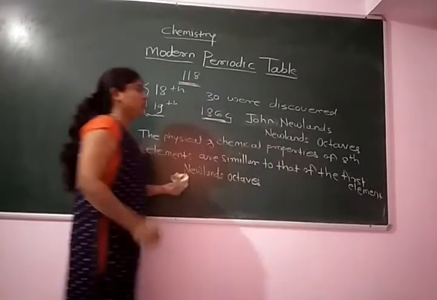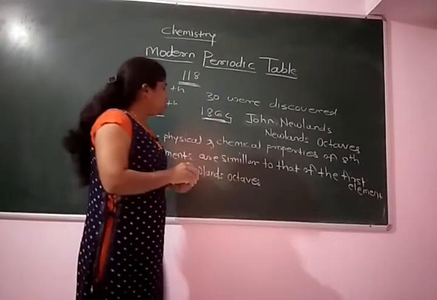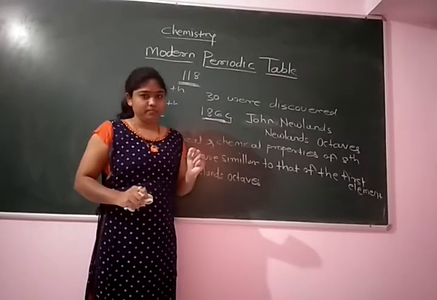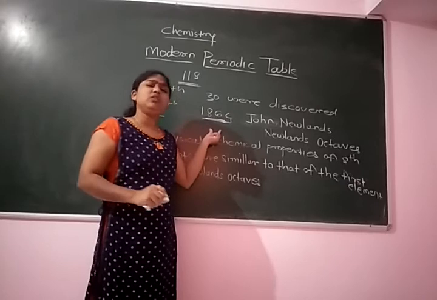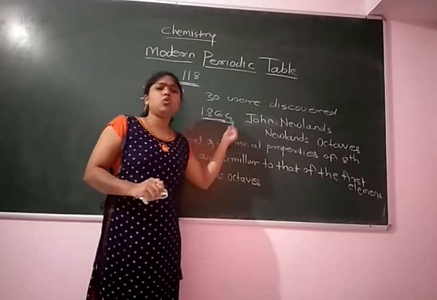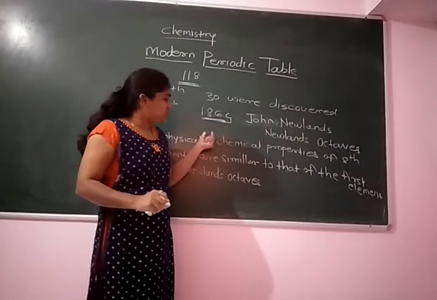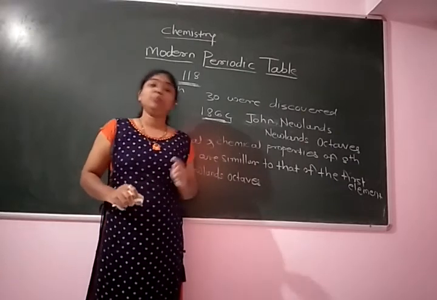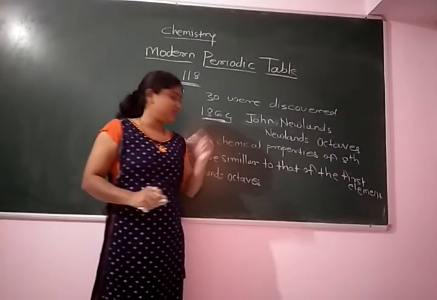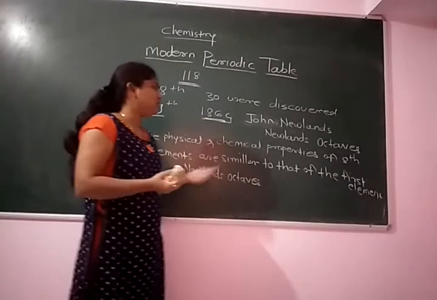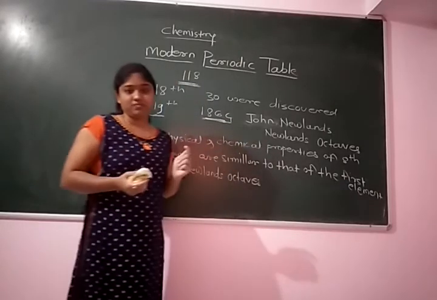In 1864, English chemist John Newlands came and he arranged the elements in the increasing order of atomic weights on the basis of their physical and chemical properties. And he found the Newlands octaves.